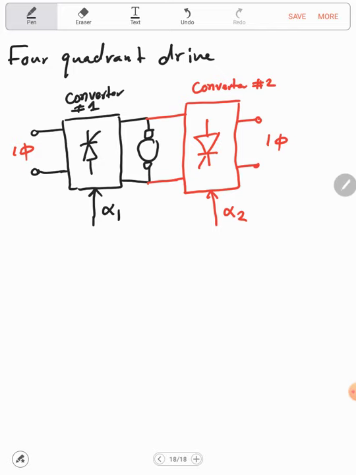So now, in terms of the direction, this will be the plus minus for the first converter, V1, and this will be the plus minus for the second converter, V2. Now, in order to avoid short circuit or circulating current in the power electronics, alpha 1 and alpha 2 must be specified such that V1 plus V2 is equal to 0.